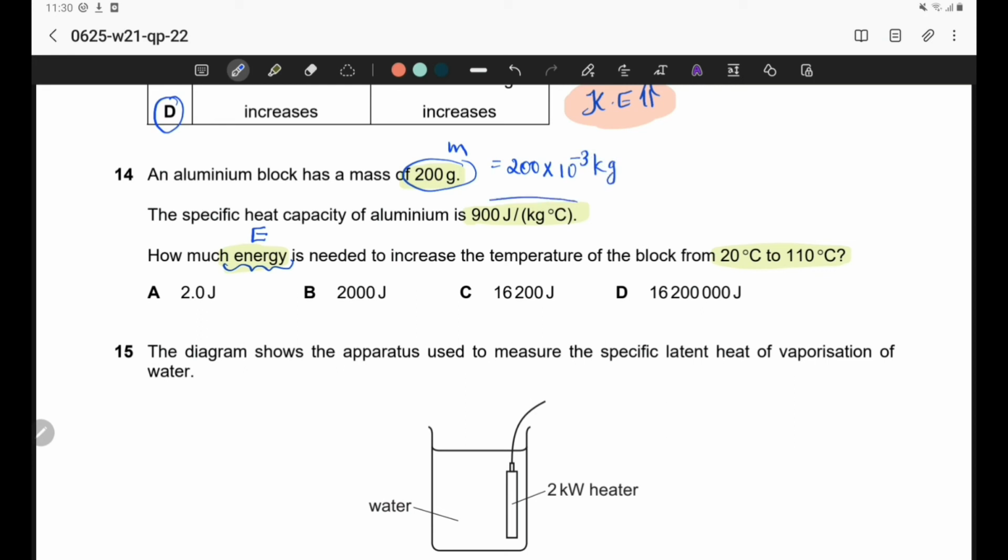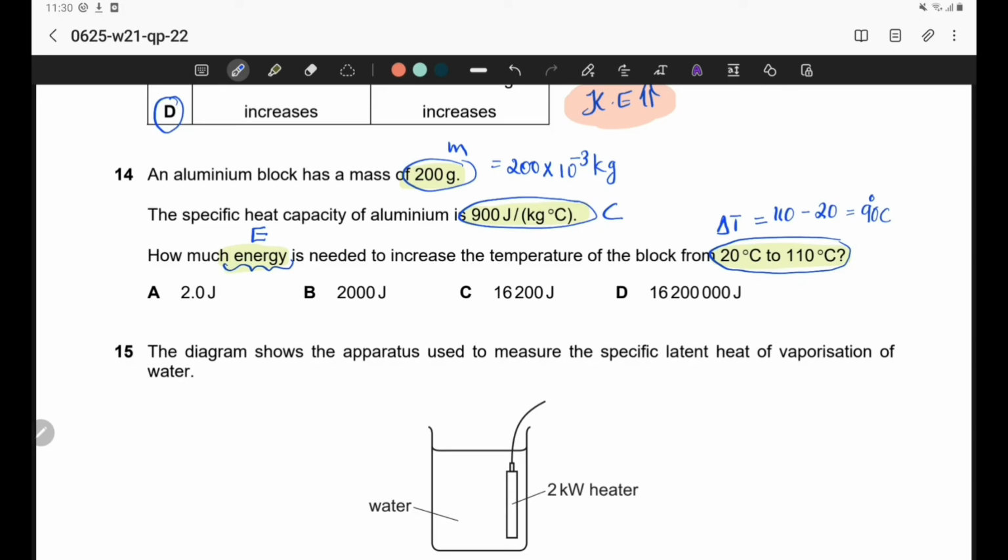And the specific heat capacity, C, is given. Then the change in temperature, delta T, which is from 20 degrees to 110 degrees. So the change in temperature is the difference of two temperatures, that is 90 degrees Celsius.